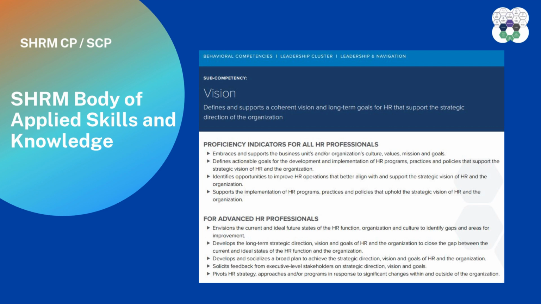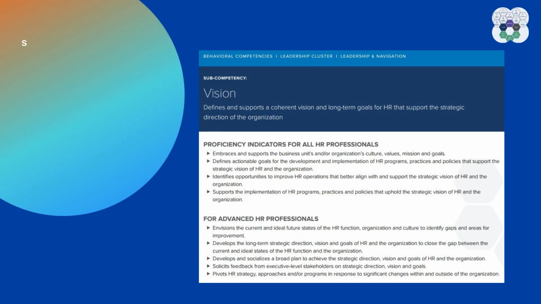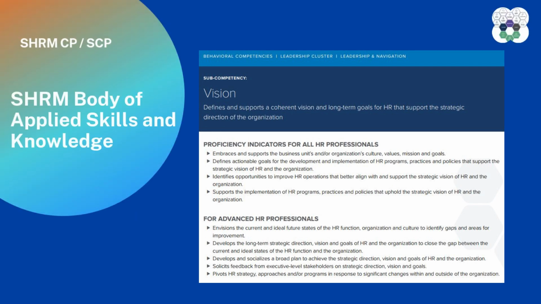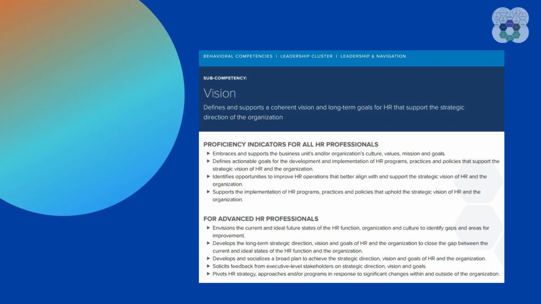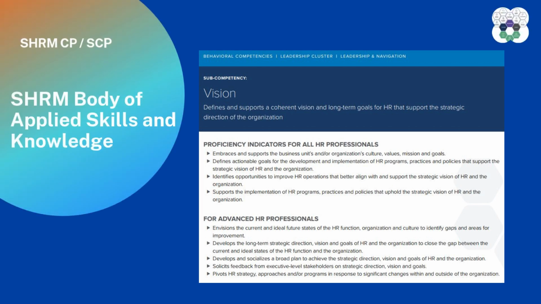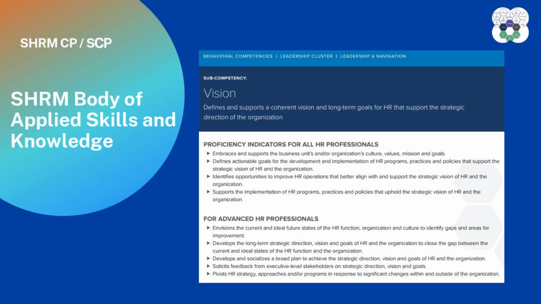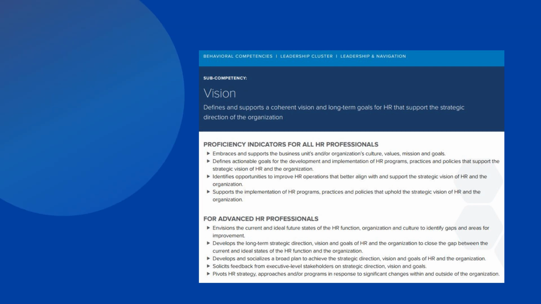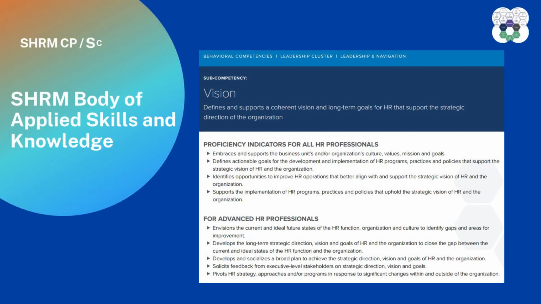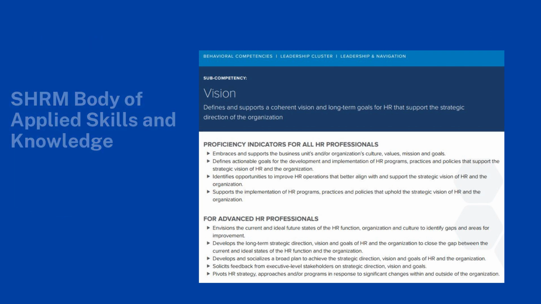For advanced HR professionals. Envisions the current and ideal future states of the HR function, organization, and culture to identify gaps and areas for improvement. Develops the long-term strategic direction, vision, and goals of HR and the organization to close the gap between the current and ideal states of the HR function and the organization.